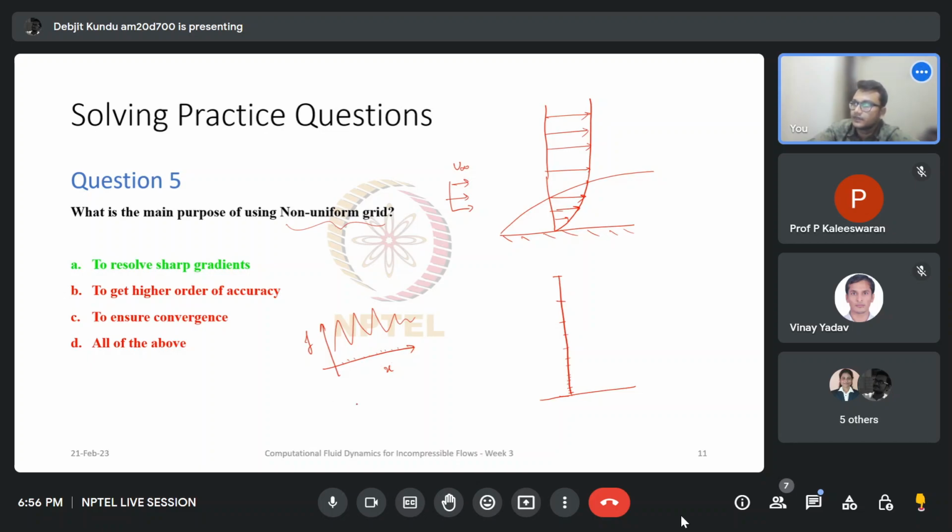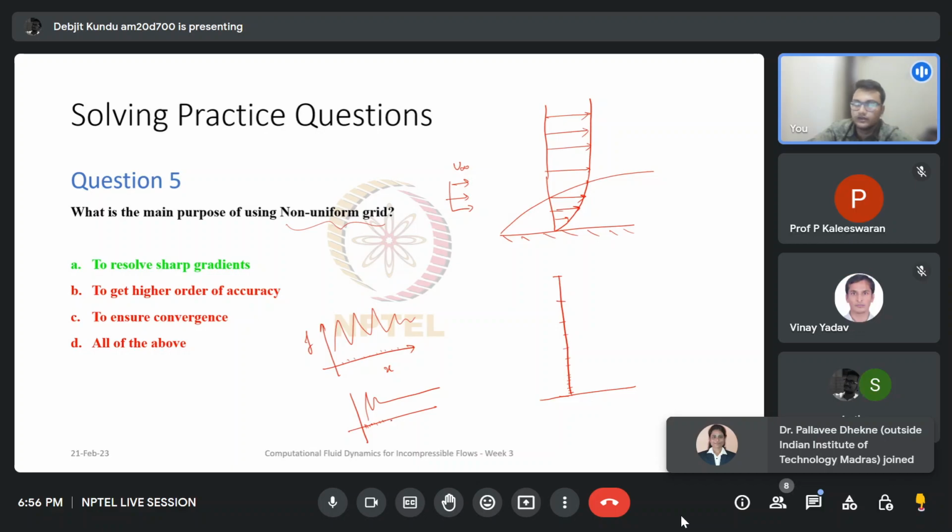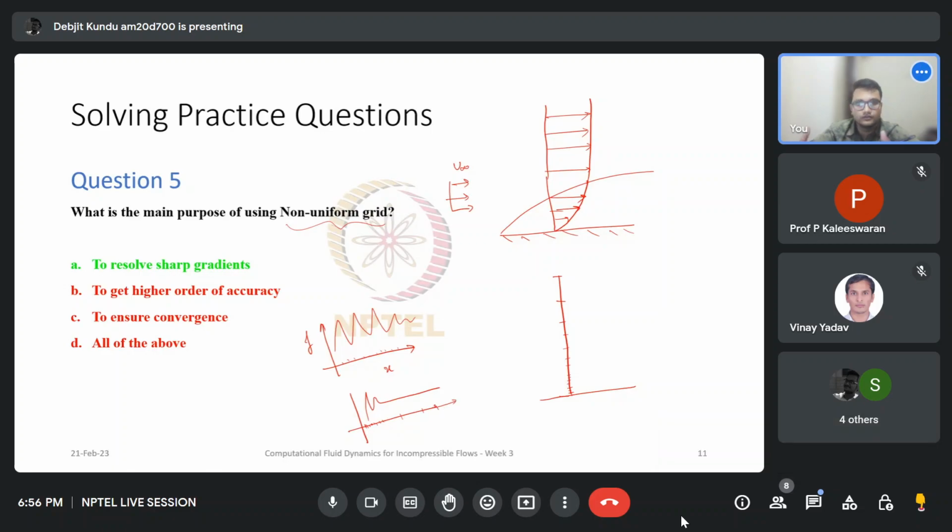But if it was something like this, that there are very sharp gradients and not much action going on for the rest of the domain, here I'll only use a refined grid in this locality, and then use more far away spaced grids in the quieter region.